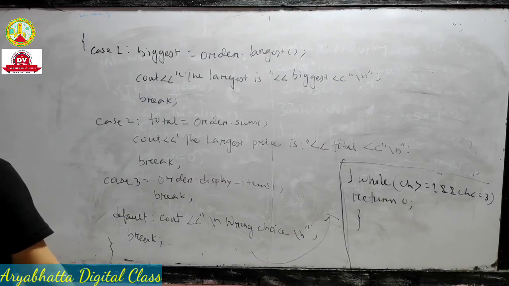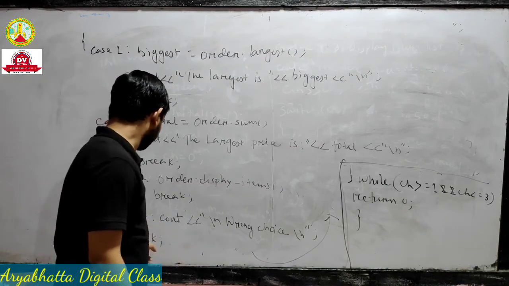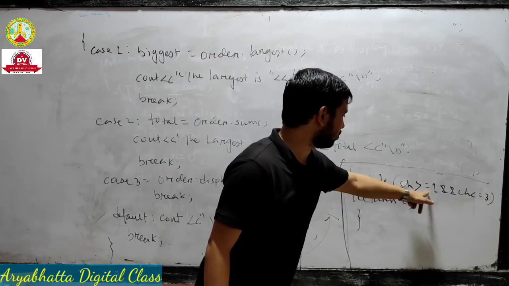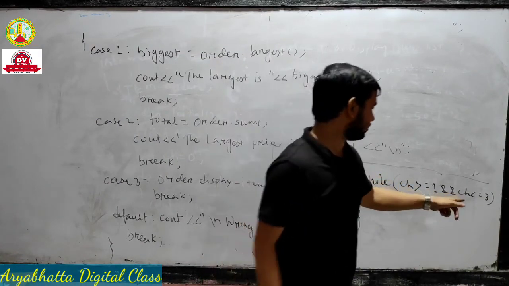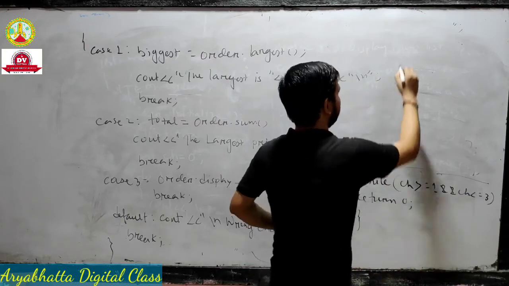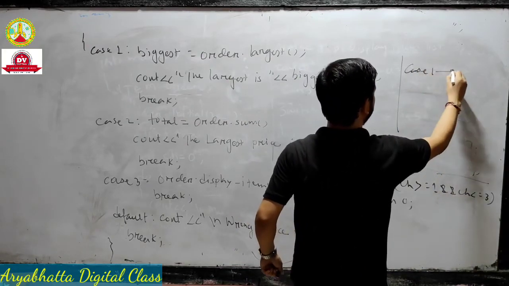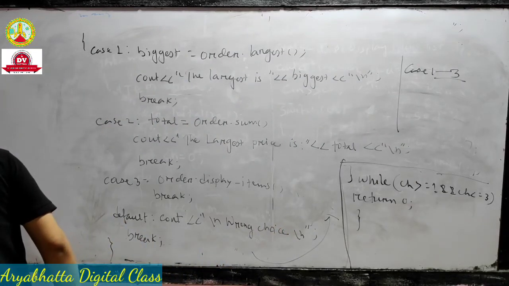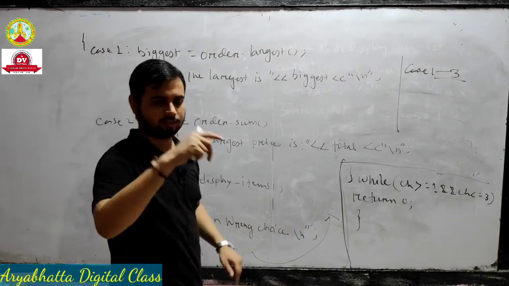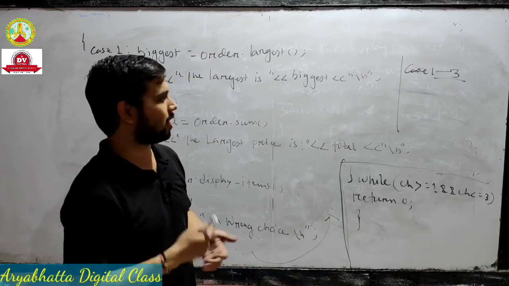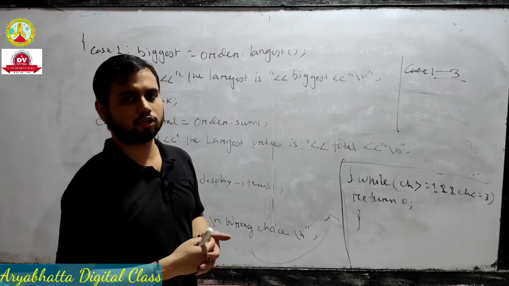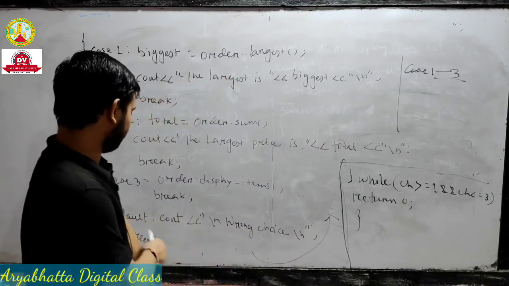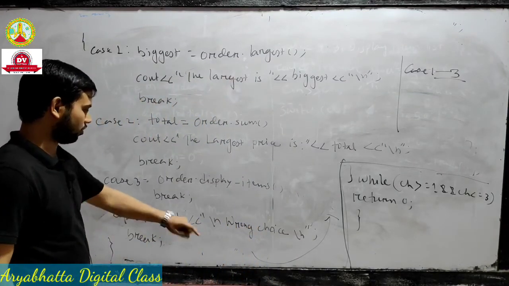Default means wrong choice, and the condition will be while ch is greater than or equal to 1 and less than or equal to 3, meaning your case will always be 1, 2, 3. Suppose you take the enter your choice printing statement, enter your choice 1, 2, 3. If you enter 4 or 5 or anything other than 1, 2, 3, then it will go to default, wrong choice.